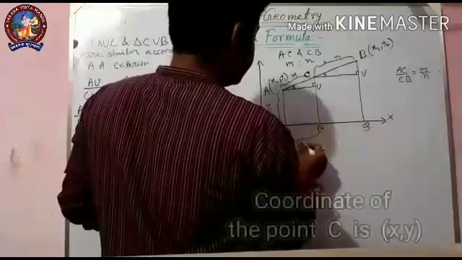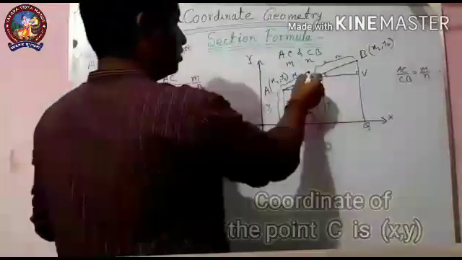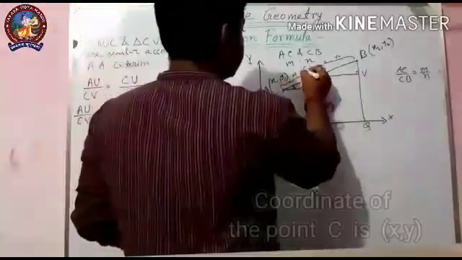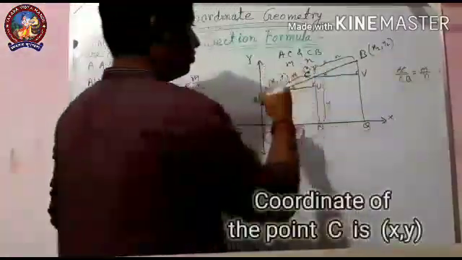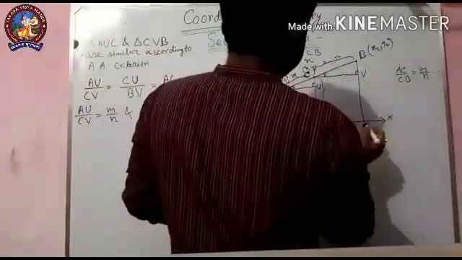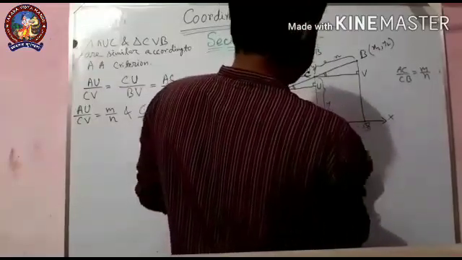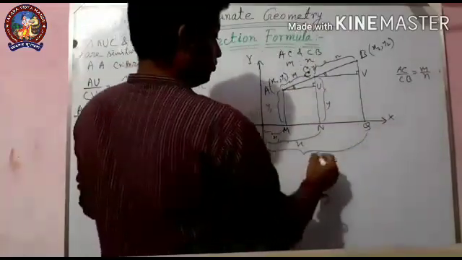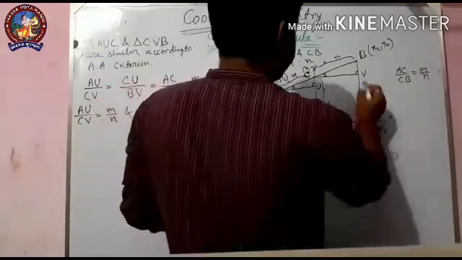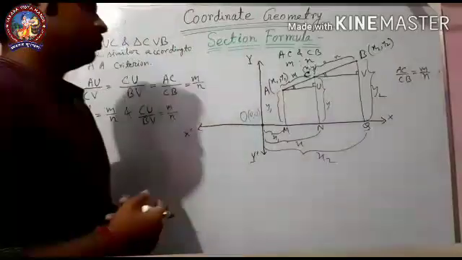This length will be x and this much will be y, because the coordinate of the point C is (x, y). Now the total length here will be x2 and the total length here will be y2.